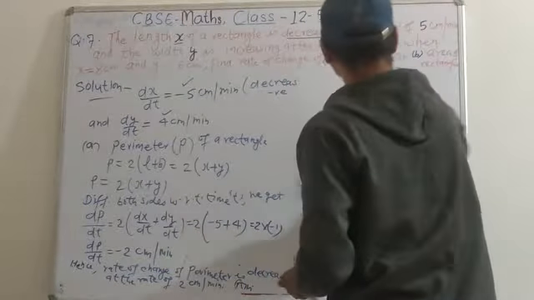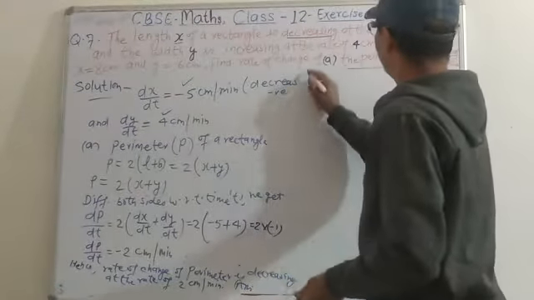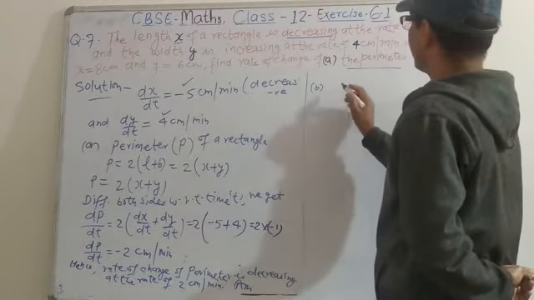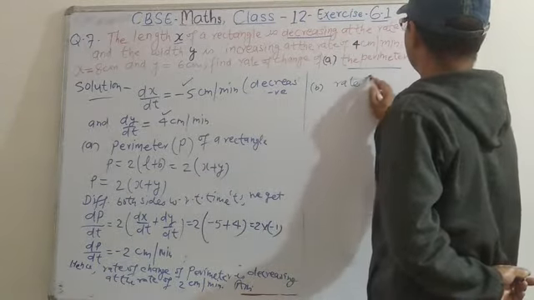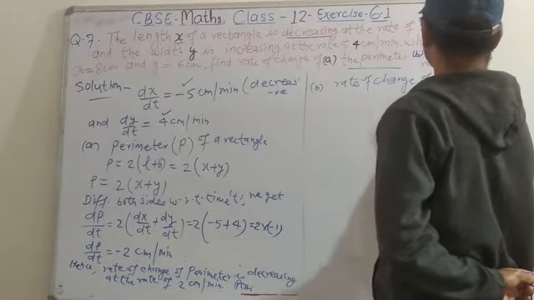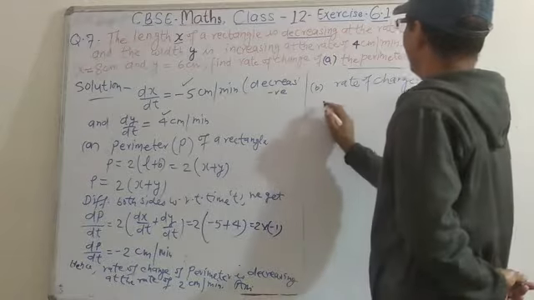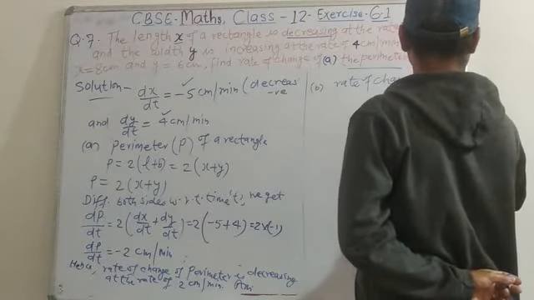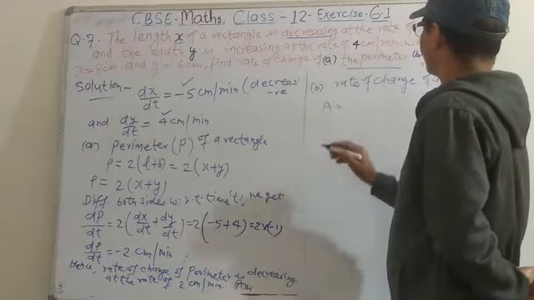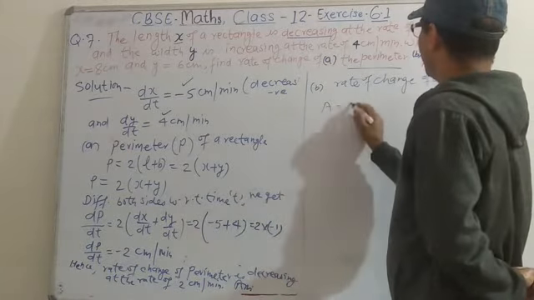Now number second. Part B is the rate of change of area of rectangle, area A. That means area formula is length into breadth.